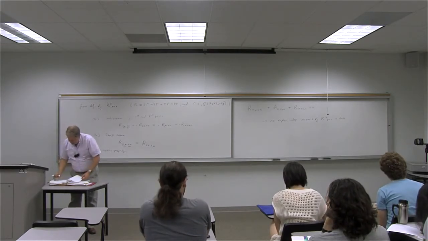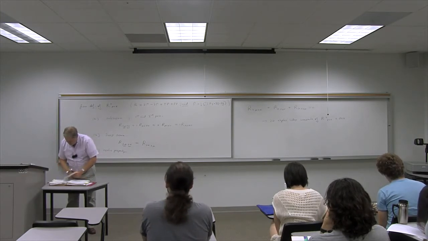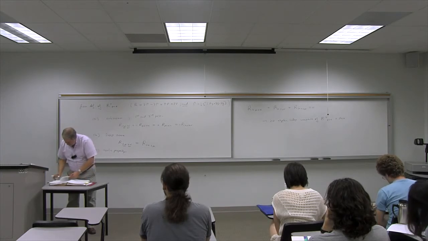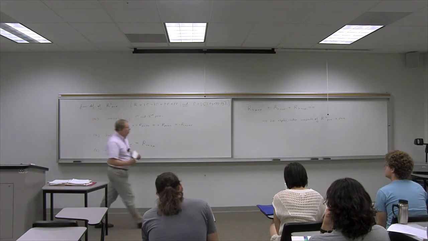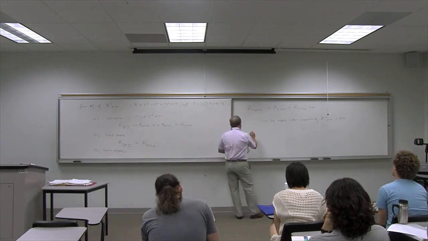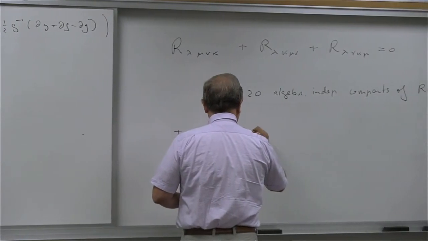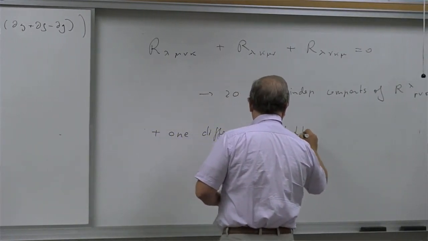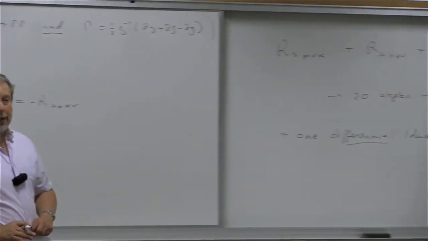Well, let me just mention one last thing, because then next time we can move on and do something else. And that last thing that I want to mention is the Bianchi identity. There is one identity which you obtain by taking derivatives.